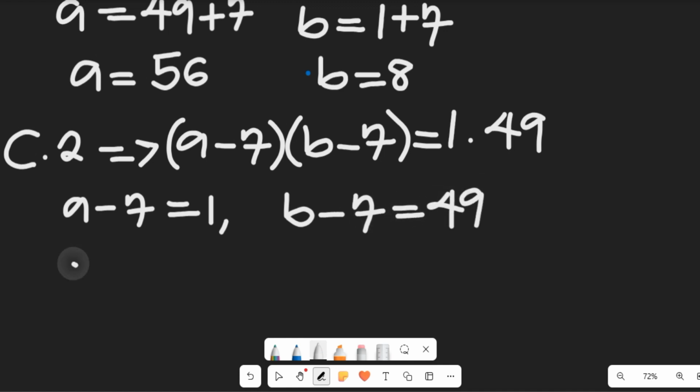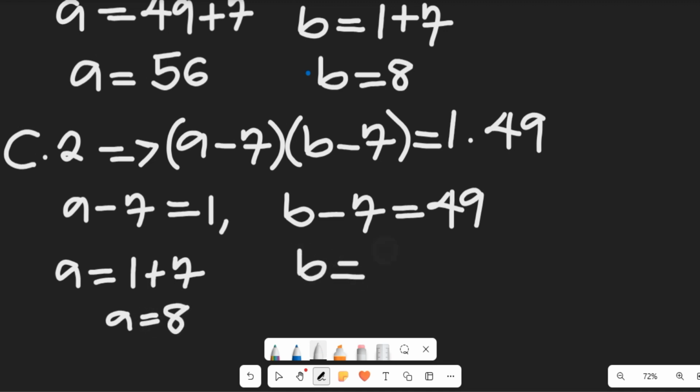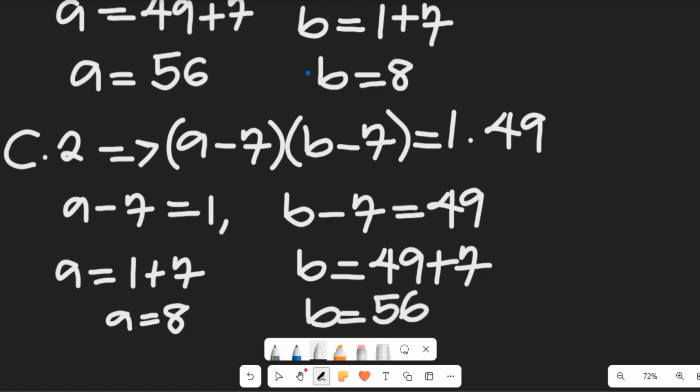So from here, I can have a to be equal to 1 plus 7, and a will be equal to 8. While over here, I'll have b equal to 49 plus 7, and then b will be equal to 56. Now that's my second case.